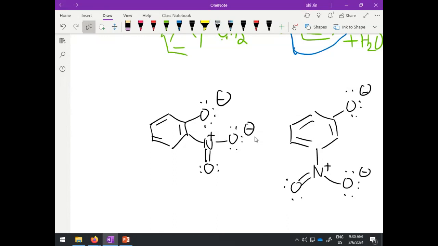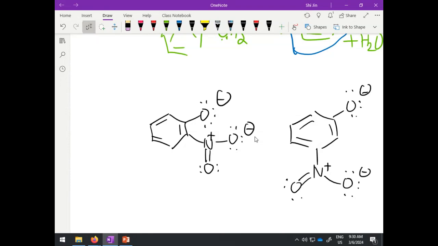You need to use resonance. If you draw the resonance forms, of course, if you did your work, as I did ask you to draw the meta form last class.